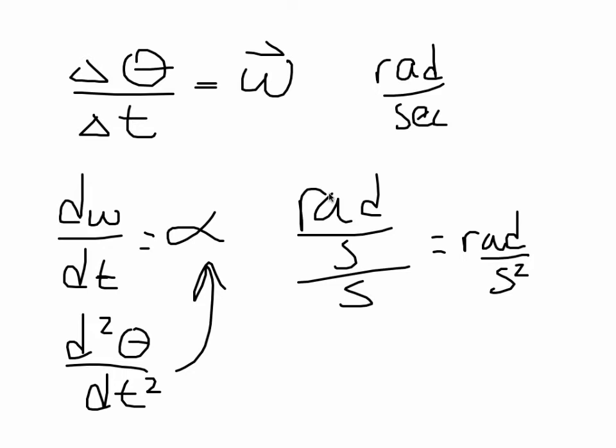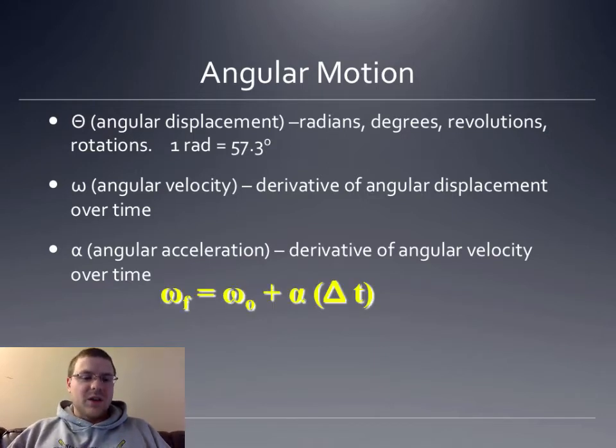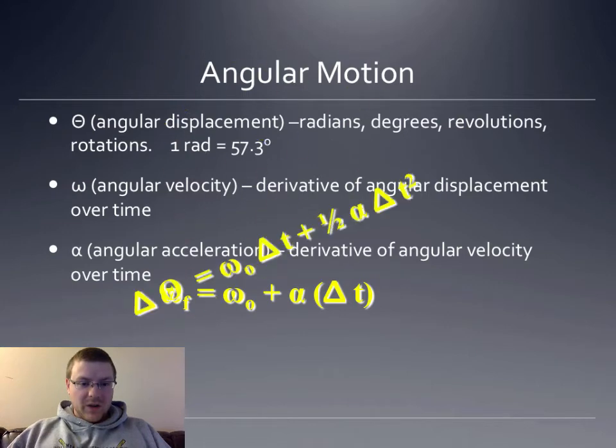And since we know that these equations all follow the same rules we did before, when things are accelerating in our rotational units, that means we can just transform all of our kinematics equations into angular kinematics equations. The first one is omega f equals omega o plus alpha t. That's the same as vf equals vo plus at, like we did before.